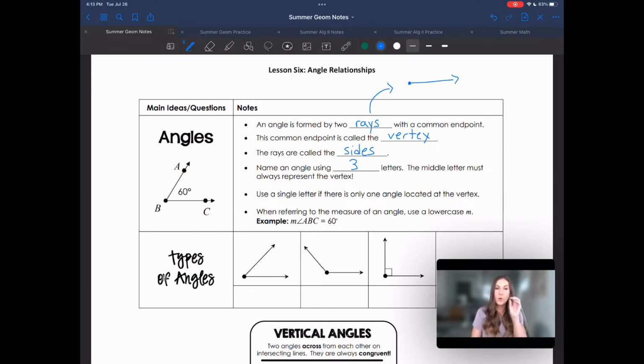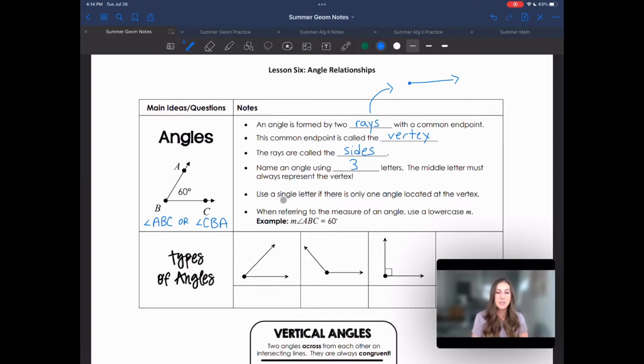But in the order in which I say the 3 letters, the B has to be the center one. So let's actually name this angle over here. I would say this is angle, and I would draw a little angle symbol, which looks like a less than, but it's an angle in this context. So angle ABC or angle CBA. And either one would be acceptable as long as the B is in the middle of it, okay?